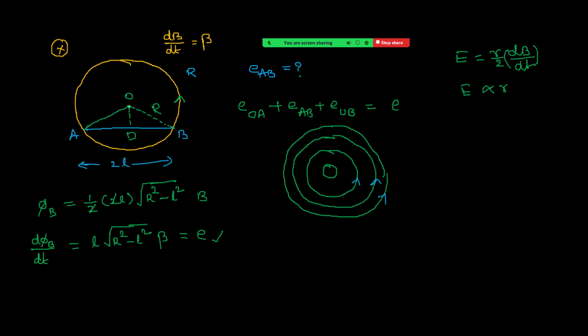I am repeating, at any point on this rod OA, the direction of the field is normal to the rod length OA, right? That means along the rod length OA, no EMF is induced, because the electric field has no component along OA. They are concentric circles. At each and every point, the direction of the field is normal to OA.